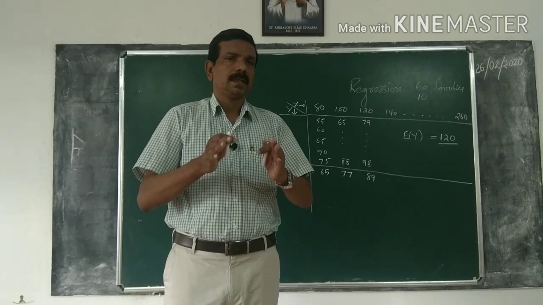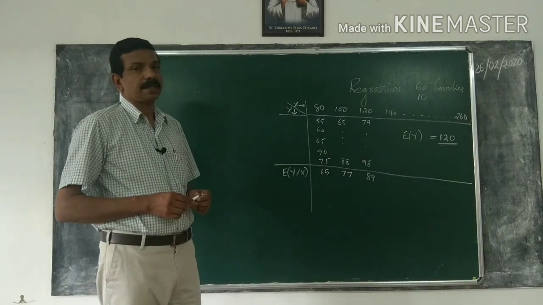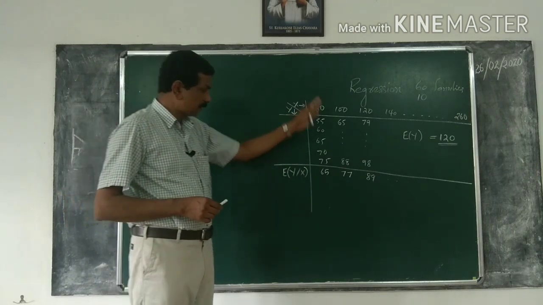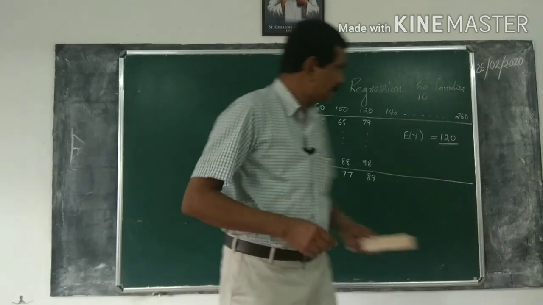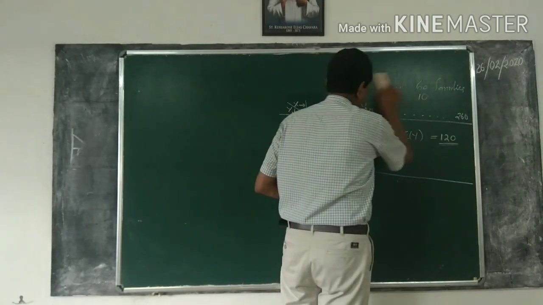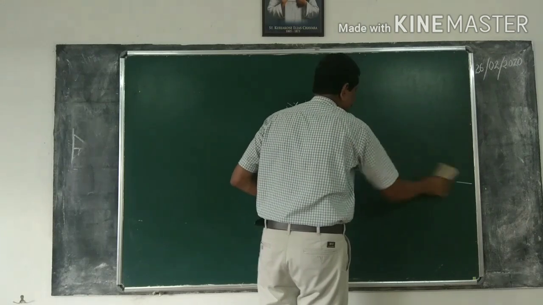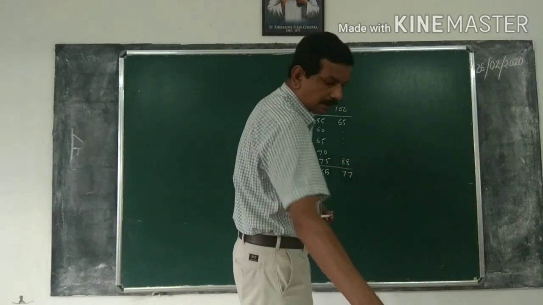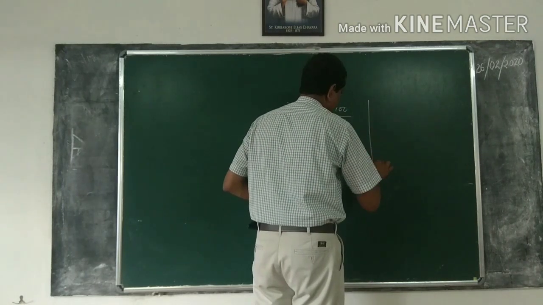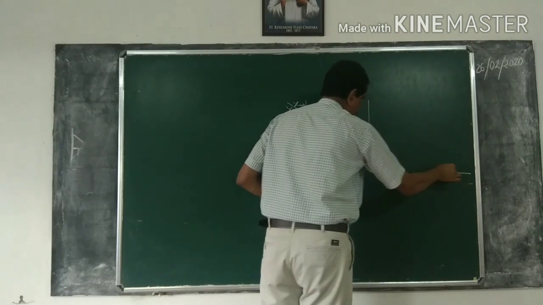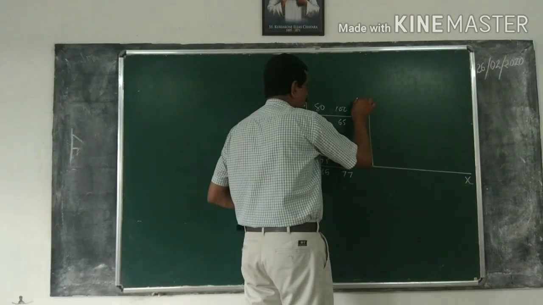Now, let us assume that we plot this information in the form of a graph. Let us see what we will obtain. As usual, we take x on the x-axis, y on the y-axis.